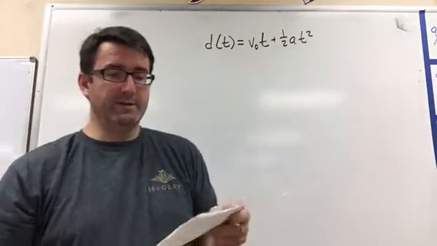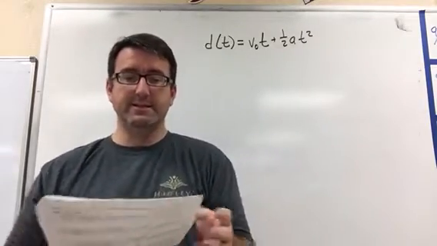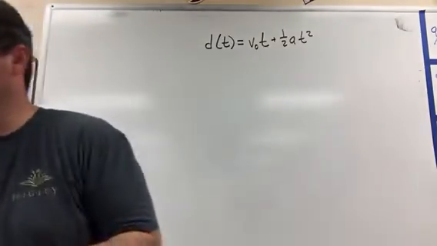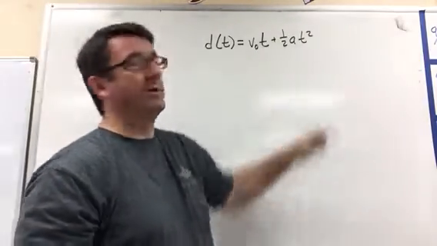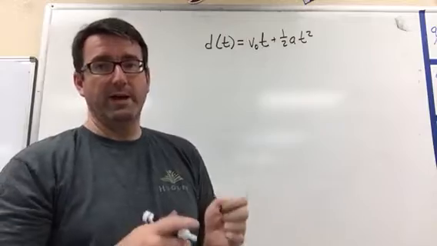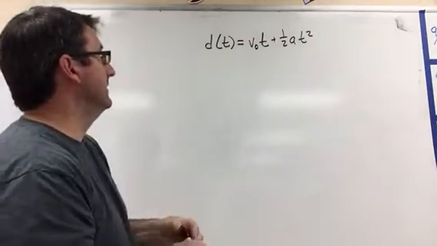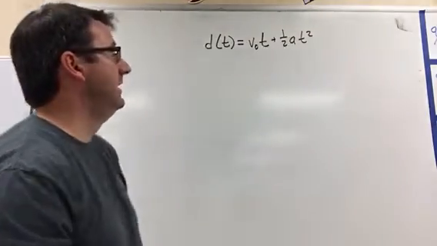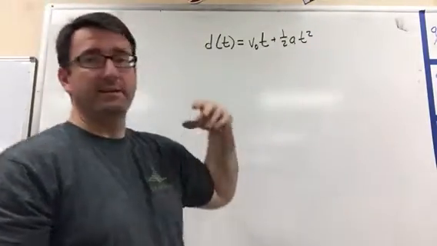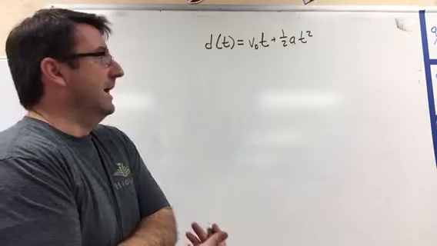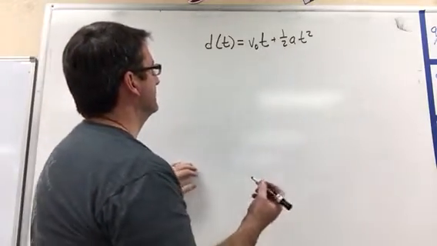And then the question here is, for what value of t does d of t equal 40 meters? So in other words, how long does it take for you to be 40 meters away, given the initial speed of 12 meters per second and a deceleration of 1.6 meters per second squared.